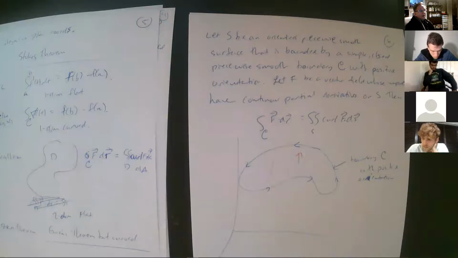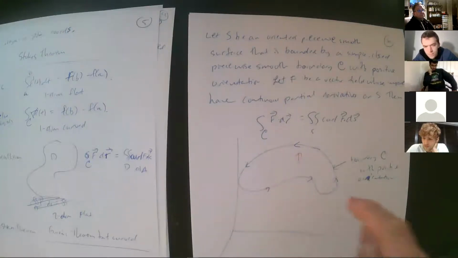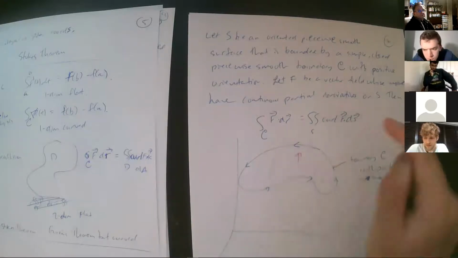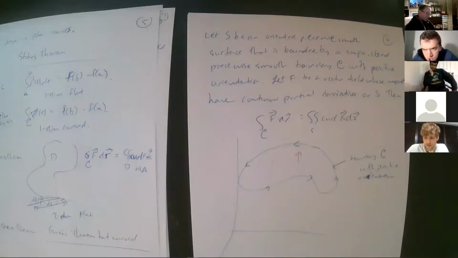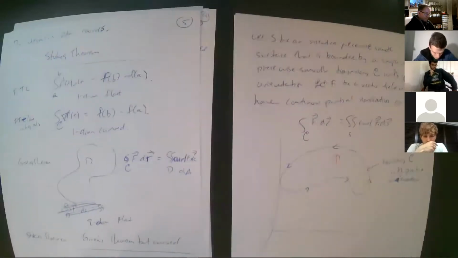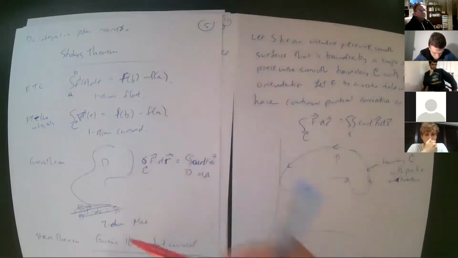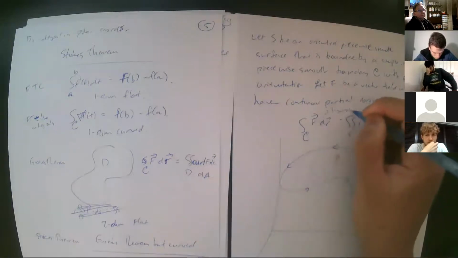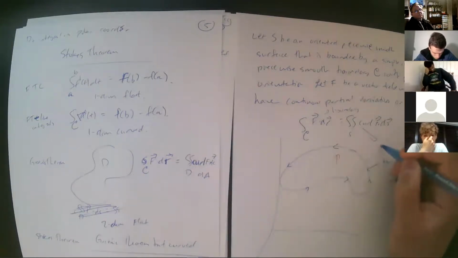Let me say that one more time. The integral of the vector field f across the boundary is equal to the integral of the curl of f over the surface. So this is another case of what we did here multiple times, right? This is the boundary, and this is the interior.